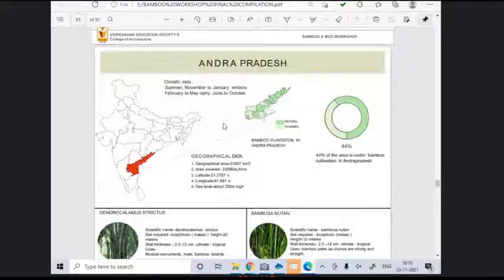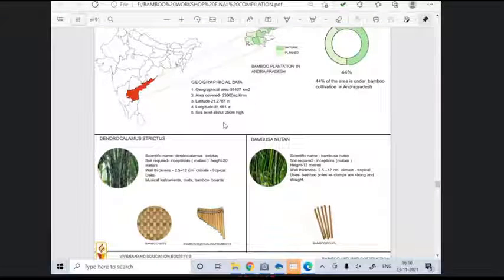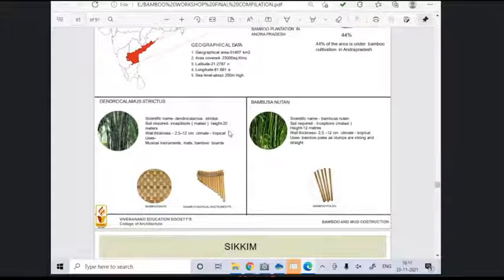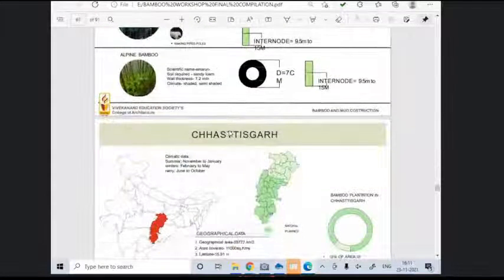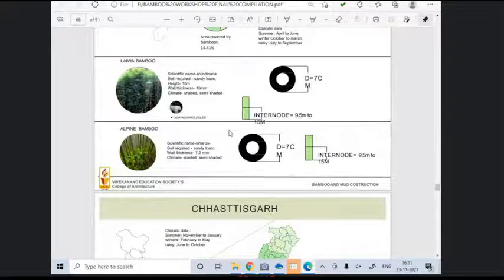When we take the three or four states, starting with Andhra Pradesh, the pie chart shows the percentage that is covered by the bamboo plantations, and this map represents the plantations, and this is all the basic information about the states, and these are the scientific names of the species that are present, and the diagrams and images represent what they are used for, and the wall thickness, etc. And for each of the states, these two represent the node and internode distance between the bamboos and the diameter of the bamboos.